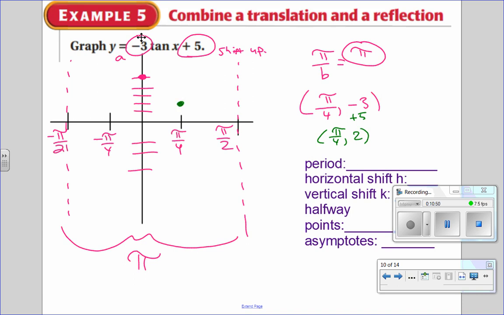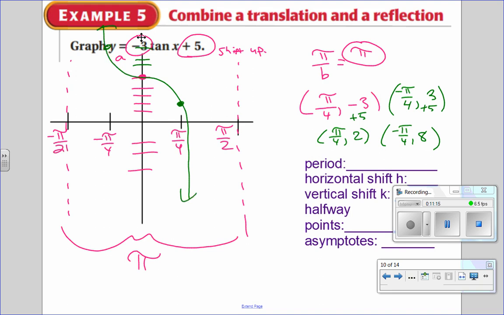That'll cause the upside down graph that I was expecting. And then our negative halfway point, negative pi over 4 comma negative a, 3, but we'll add 5 to it because of that up shift. So negative pi over 4 comma 8 would be up here, and there's that upside down tangent graph. Okay. So I did that up 5 shift on both my halfway points.